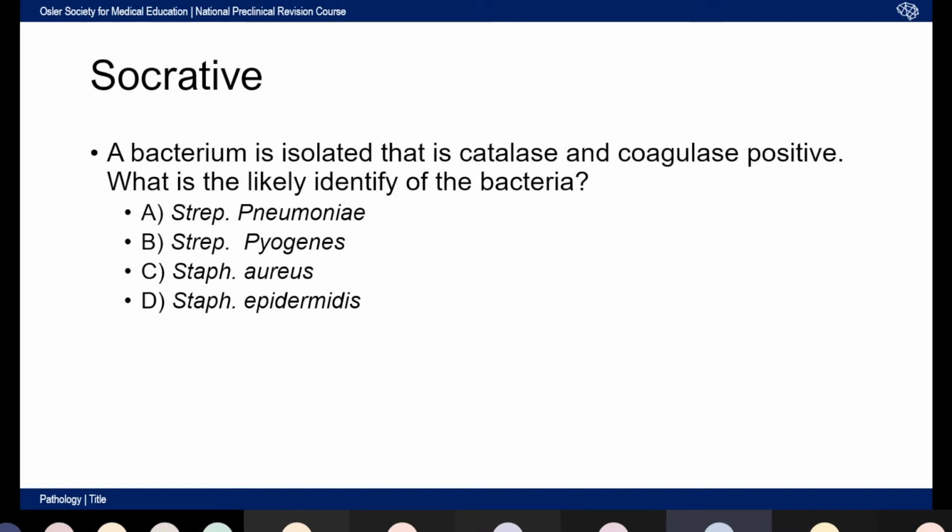Okay, great. So it's Staph aureus. So the strep species would be catalase negative, and then Staph epidermidis would be catalase positive but coagulase negative. So Staph aureus is the one that would be catalase and coagulase positive.